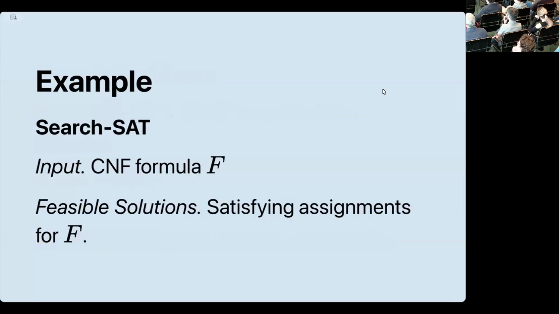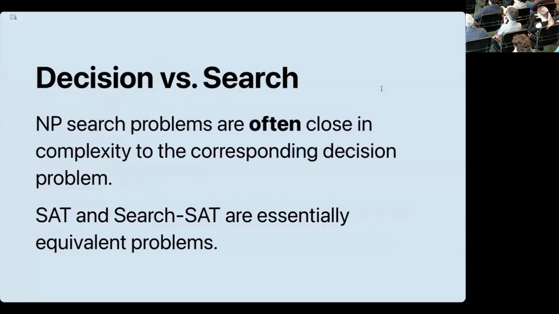So what's an example? The classical example is what you could call the search SAT problem, where you're given some CNF formula and you want to actually output some satisfying assignment to it. As we know, for many NP problems, decision and search have essentially the same computational complexity.